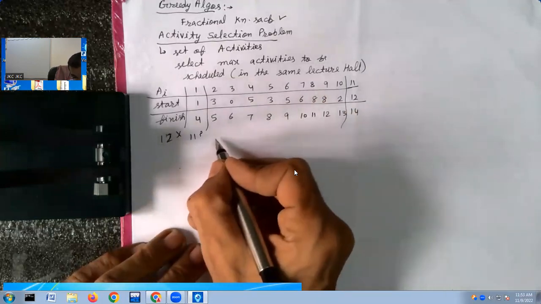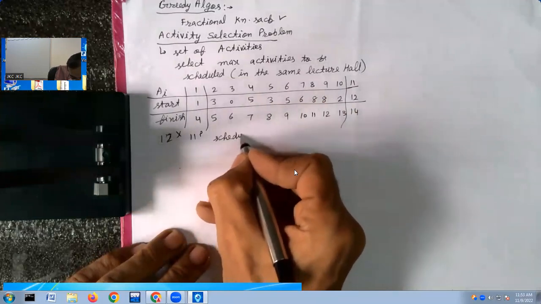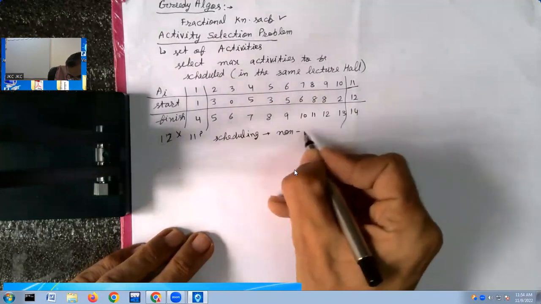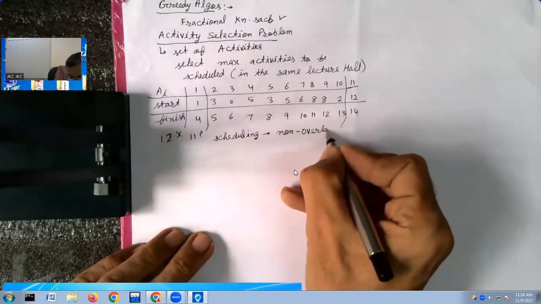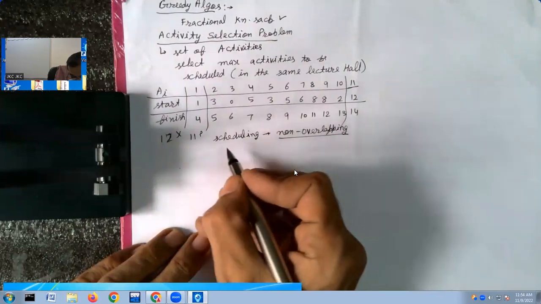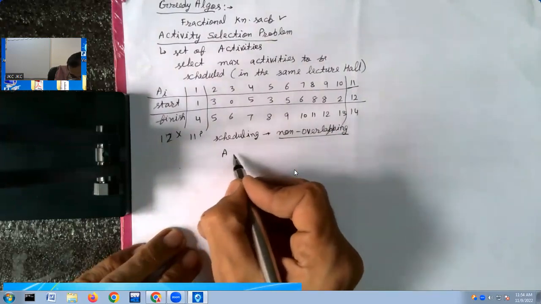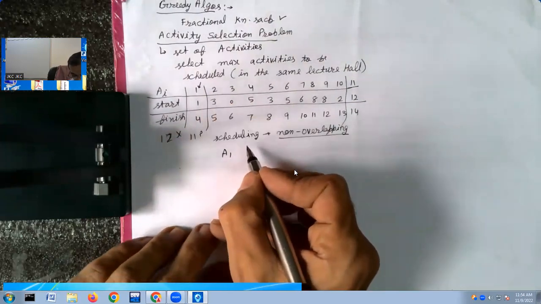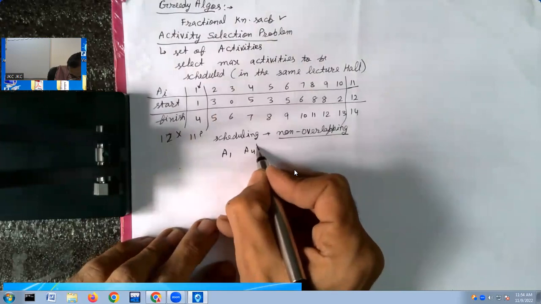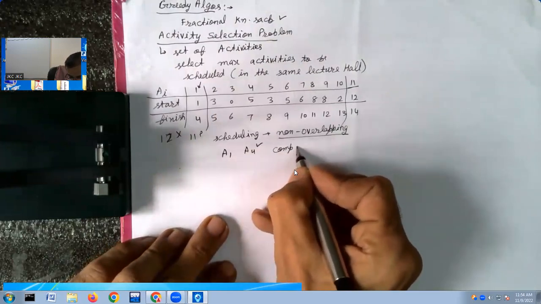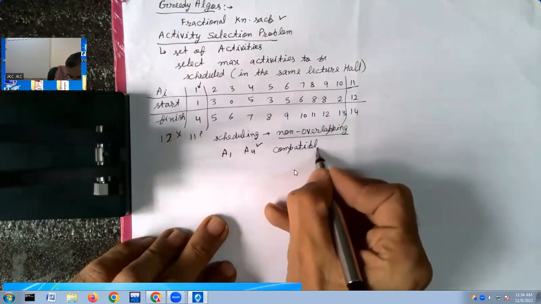Scheduling effectively means that activities should be non-overlapping, as per the timing. For example, activity A1 finishes at 4, so A4 can start. They are non-overlapping. I call such activities compatible activities.